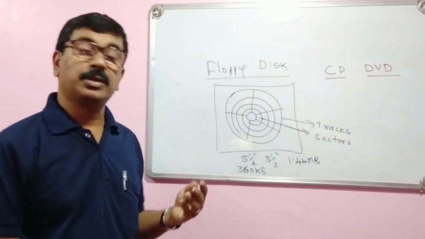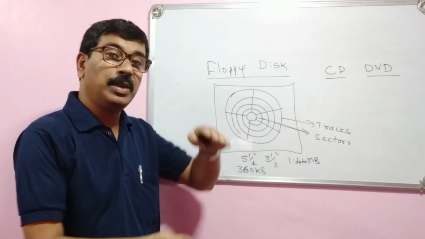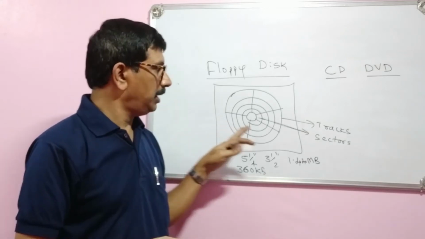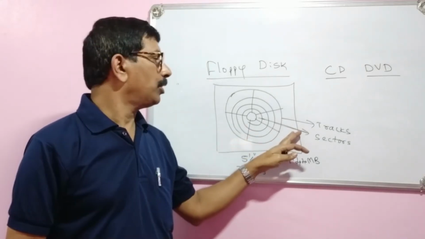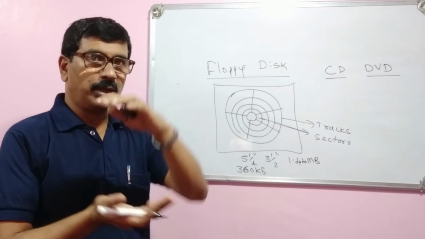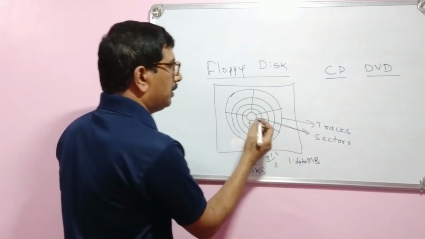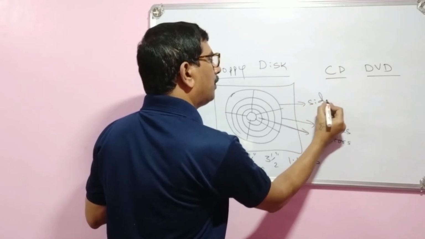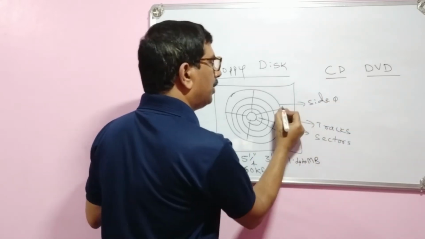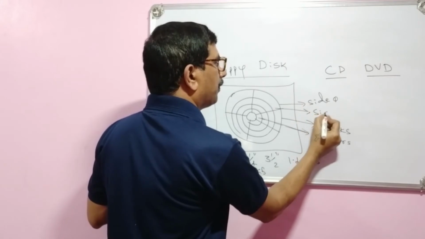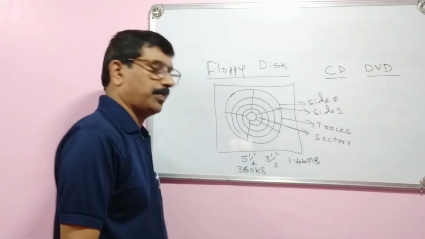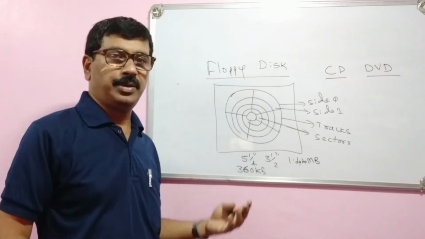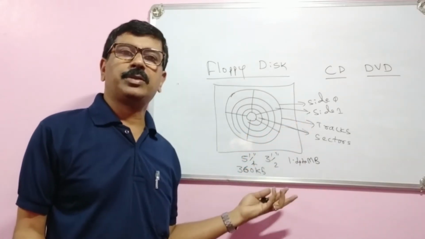Even in the hard disk, the same concept is there, but there may be many disks to store the information. But here in the floppy, there was only one disk. The top side is called side 0, and the bottom side is called side 1. It stored information on both sides, side 0 as well as side 1.